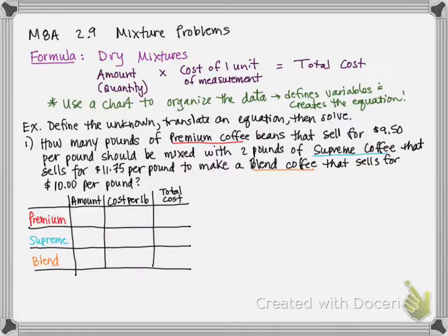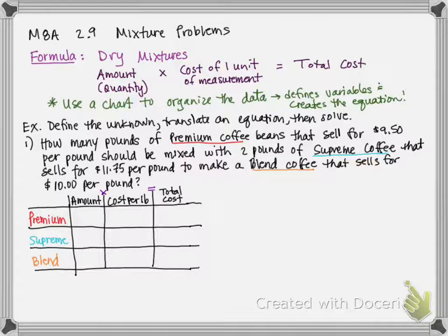Okay, so now we go back and we look at that formula and we see some math going on. So we're going to take the amount, we're going to multiply it by the cost per pound in this particular problem because that's the label we have, and then equals. Depending upon what you're measuring in, that's what label goes on to that middle column: cost per ounce, cost per foot, cost per pound, so on and so forth.